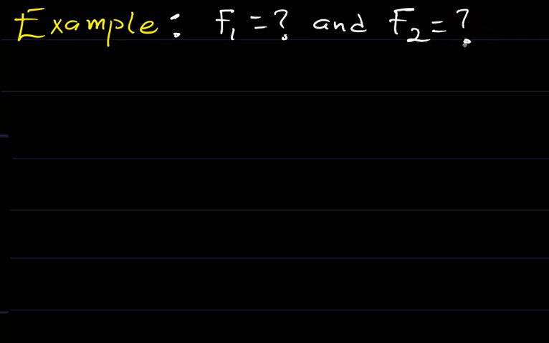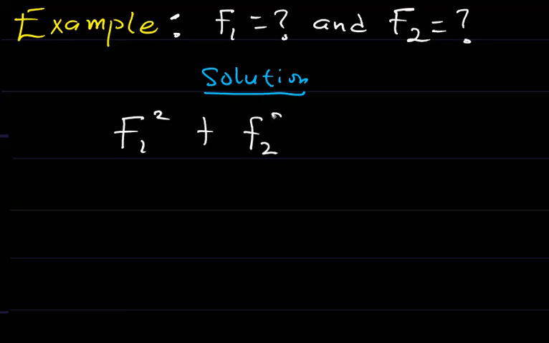According to the question, if these two forces are at right angle to each other, that simply means by Pythagoras rule, F1 square plus F2 square is going to be R square. This is used for two perpendicular forces.